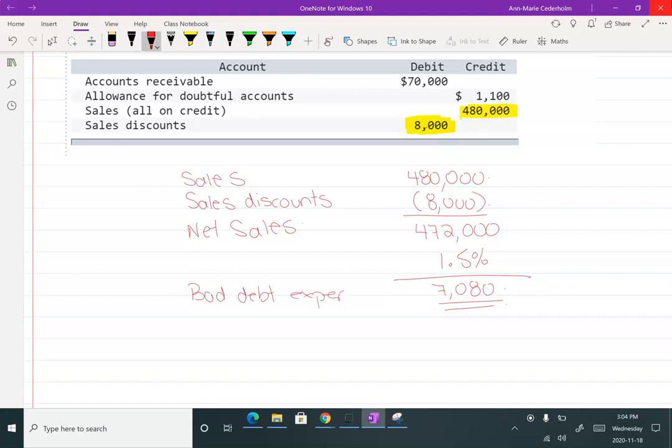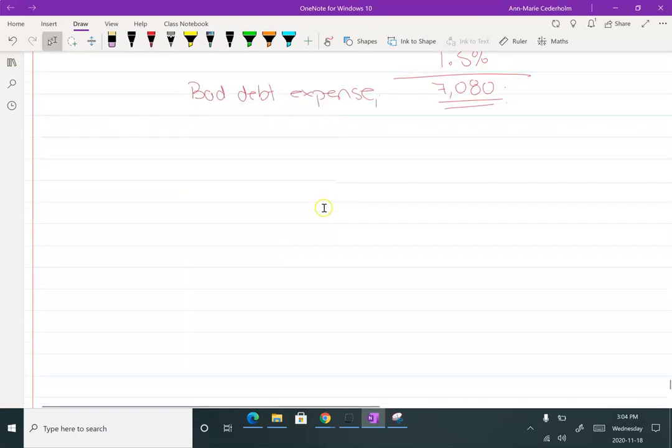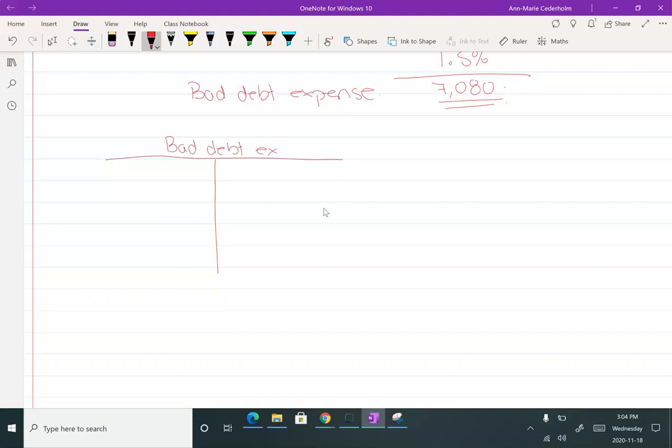Whereas before, when we used the allowance approach, we calculated the balance in the allowance account. So I just want to show you specifically what we calculated. Bad debt expense. And that's $7,080.